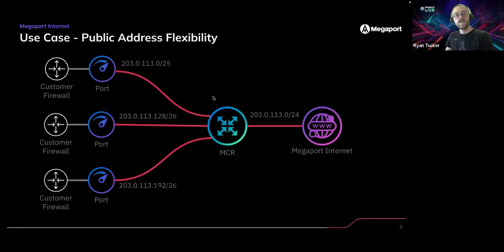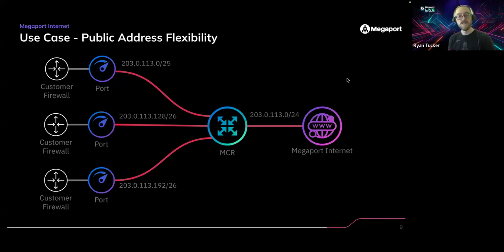So another interesting use case that we've seen is that we have some customers who have their own IP space, so they have their own block of IPs. I've used a /24 in this example. They have their own AS number, they peer publicly, but they have multiple data centers, so they don't necessarily have a number of IPs that would let them publicly peer individually from each data center and advertise different subnets from each data center.